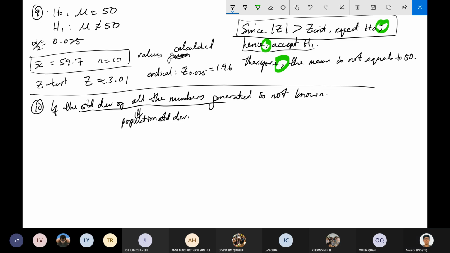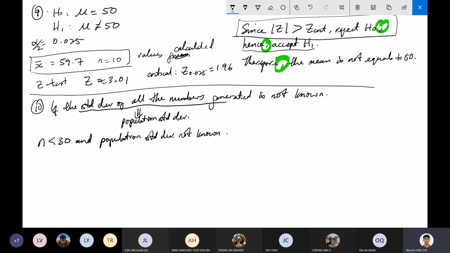Anyone at home? T-test or z-test? T-test. T-test, correct. Because you have two conditions. One is n is less than 30. And then now you have population standard deviation not known.